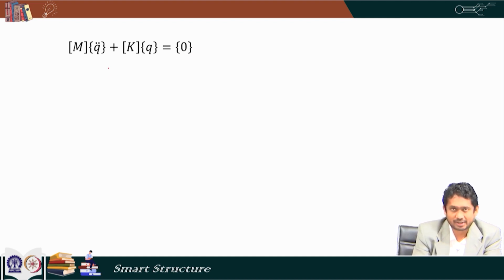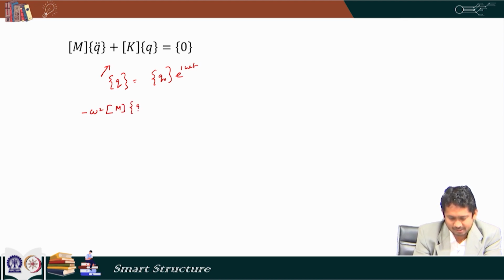Now, this gives rise to an eigenvalue problem, because if we consider q as q0 multiplied by e to the power i omega t and then put it here, that gives me minus omega square M multiplied by q0 multiplied by e to the power i omega t, because if I differentiate this quantity twice with respect to t, then minus omega square comes out, and e to the power i omega t is common in both the terms.